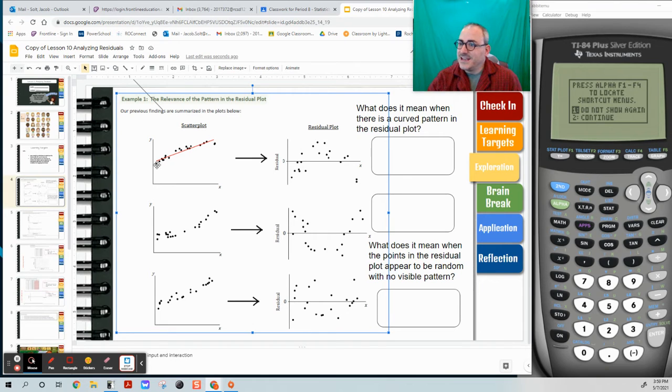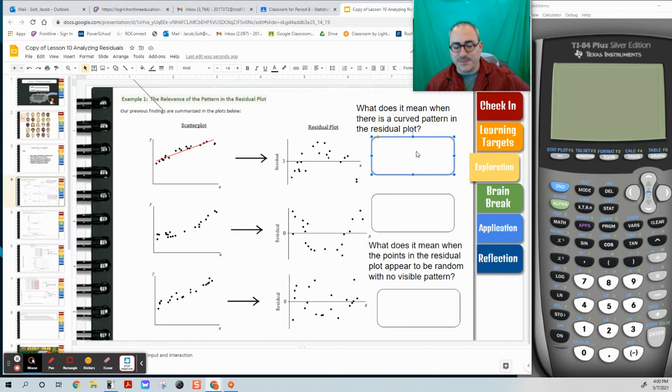I have dots in the beginning that are below the line, then dots go above the line, and they come back down below the line. When I draw the straight line on my scatter plot, I can see that this red line is not a good fit for the curved nature of the data. I might not see that at first when I look at the scatter plot, but the residual plot makes this apparent.